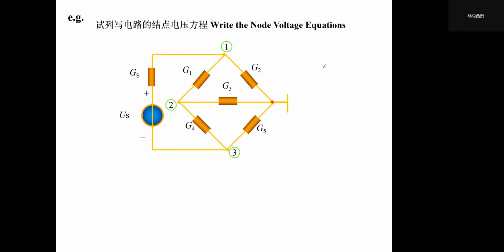For node 1, there are 3 branches connected to it. So we can calculate the self-conductance, which involves G1, G2, G3, and Gs. Its self-conductance is G1 plus G2 plus Gs.